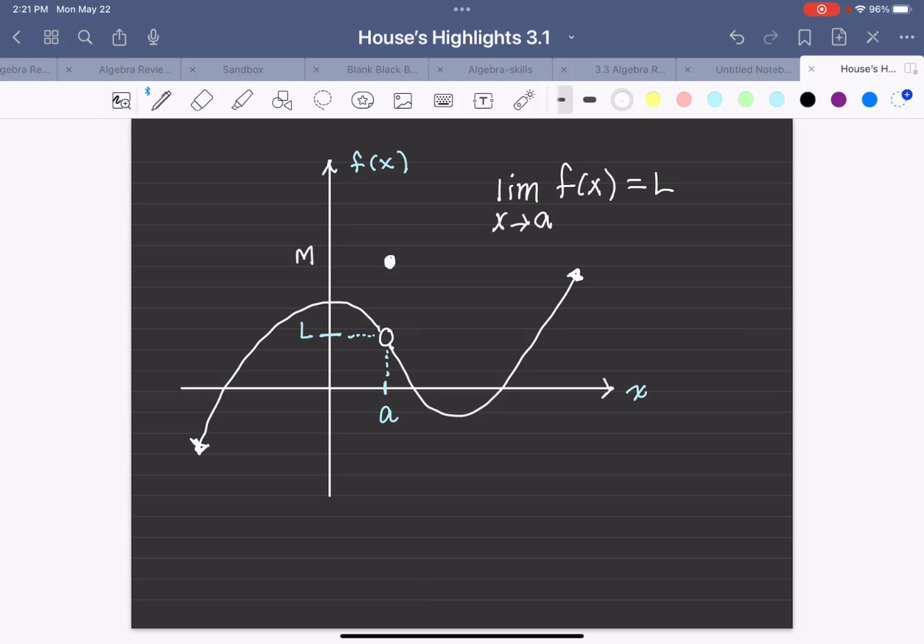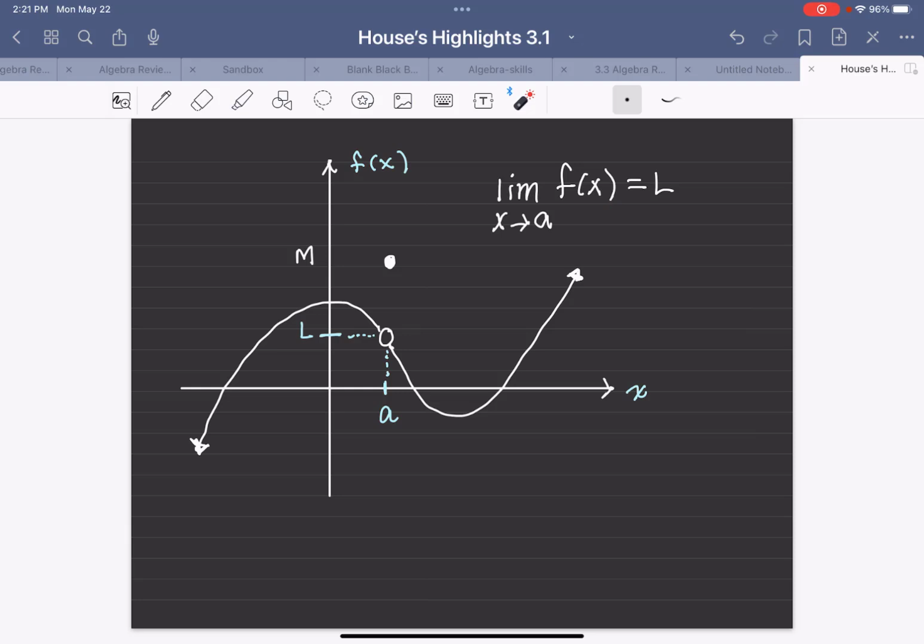Even though the function value is not the same, it's m, as it is as x approaches a from the left and a from the right, because it's honing in on the same place, this L value, as I come in from the right and as I come in from the left, as I'm going toward this x value, we still can say that the limit as x approaches a of f of x is L.